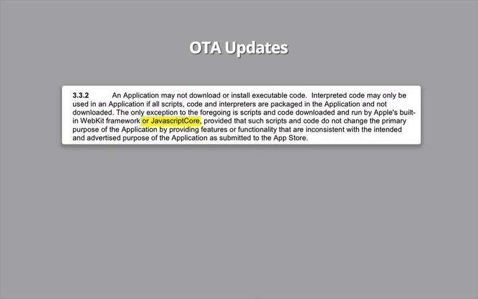The only exception to the foregoing is scripts and code downloaded and run by Apple's built-in WebKit framework or JavaScript core. So Apple does support this. This is a thing that they say you can do. It's not like they're going to refuse your app because you've made it so that you can update it live.